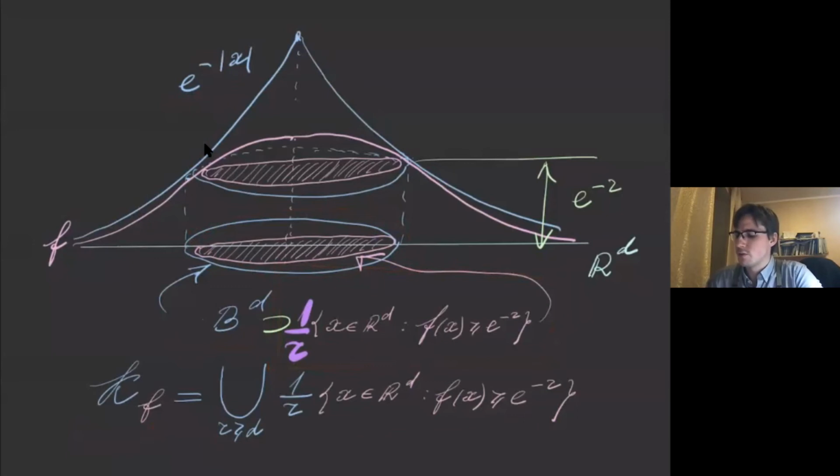Simply, you fix your unit ball here and put here rescaled versions of superlevel sets of the function f. You put them in this Euclidean unit ball and construct this body K_f.